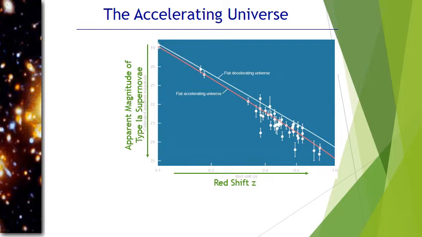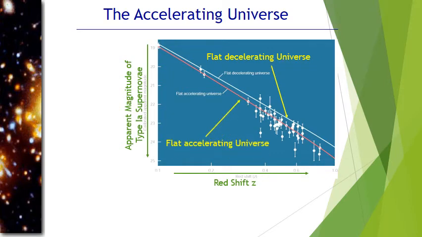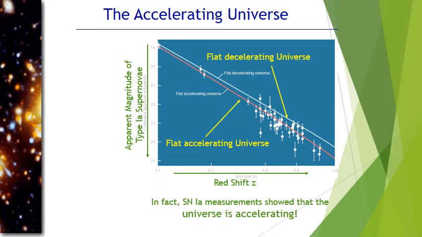And astronomers studying these type 1a supernovae saw that the brightness of them was actually a little fainter than expected, and that meant that these supernovae had to be farther away than they were expected, and that indicated that early on in the formation of the universe, it expanded even more rapidly than originally expected.